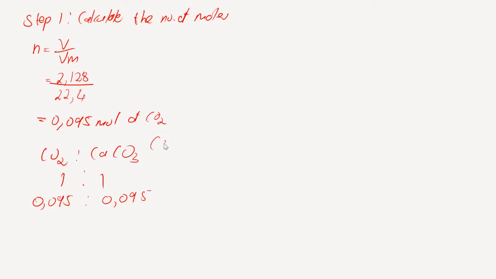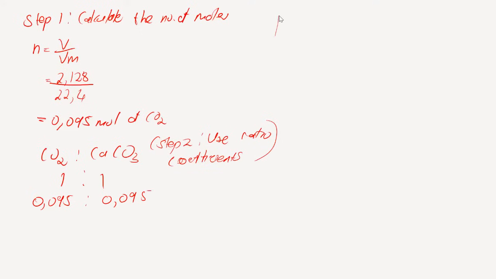So that will count as your step number 2, which is to use ratio coefficients. You always know that in answering those questions we use the stoichiometric steps, right? Now, what are we looking for?